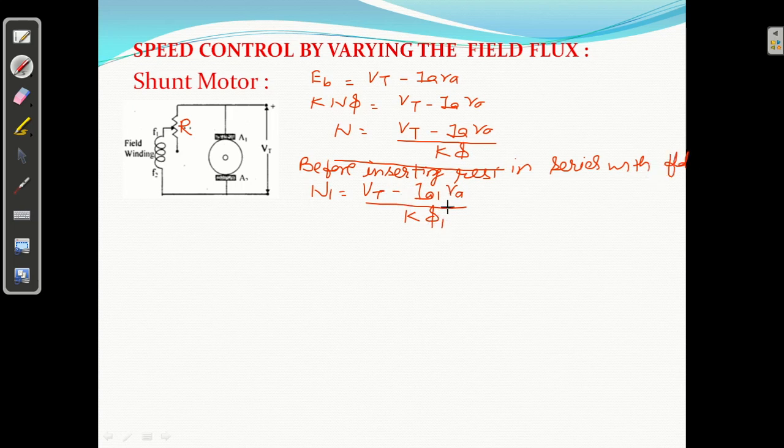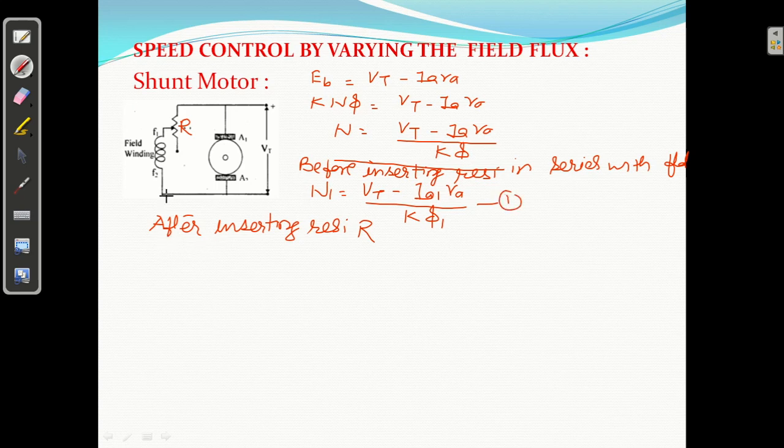So who is producing the flux? That is the field current. Before inserting this resistance R, the flux is phi 1 and the armature current is IA1. This is equation number 1.